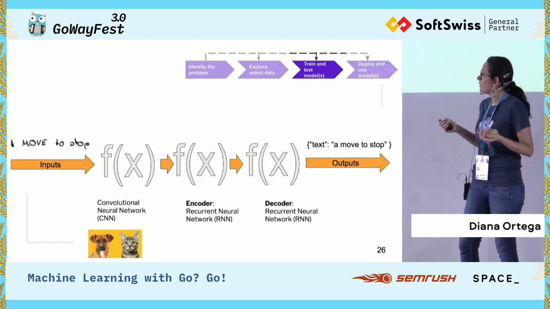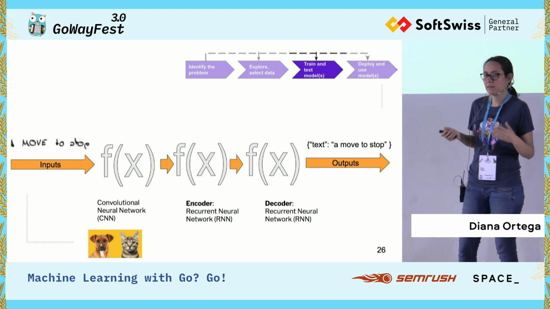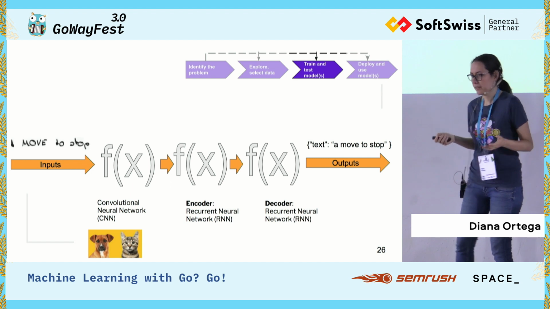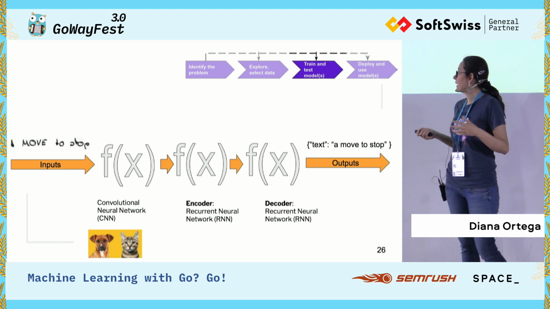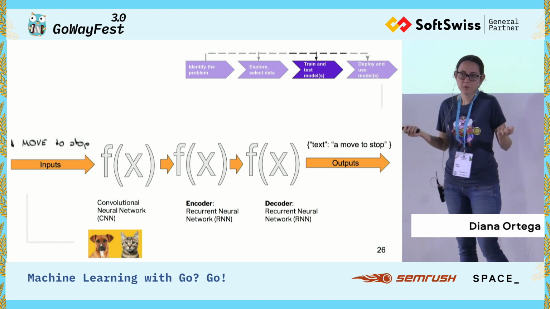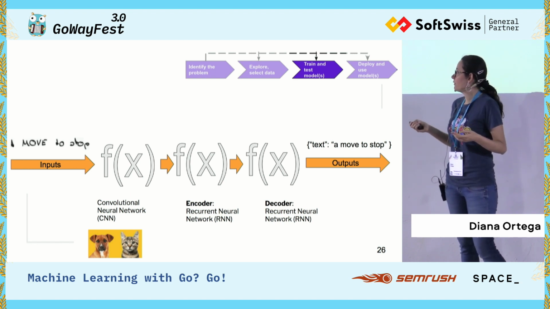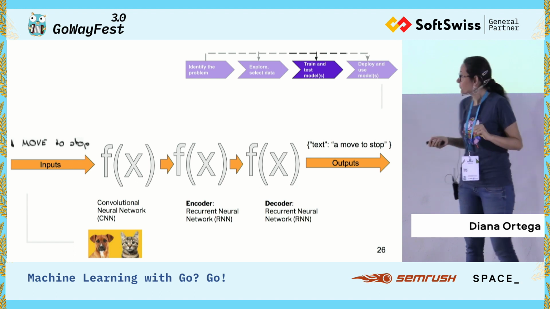The first neural network we call CNN, and it's popular because it's the type of architecture of neural networks that allows you to classify photos, for example, photos of cats and dogs.